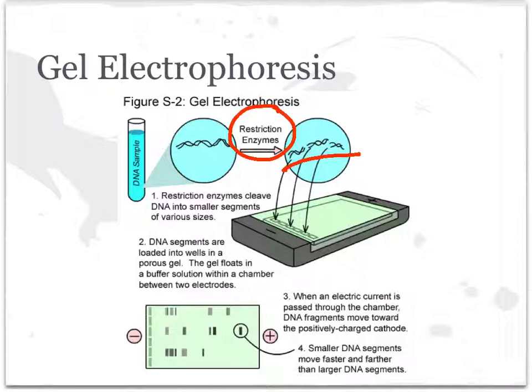The gel would be something like a polyacrylamide or some kind of polysaccharide gel. And then we can apply an electric current that will separate all of those fragments on the basis of their size. So now what we've done is we've taken maybe a genome or a section of DNA from an organism that we know has our gene of interest.